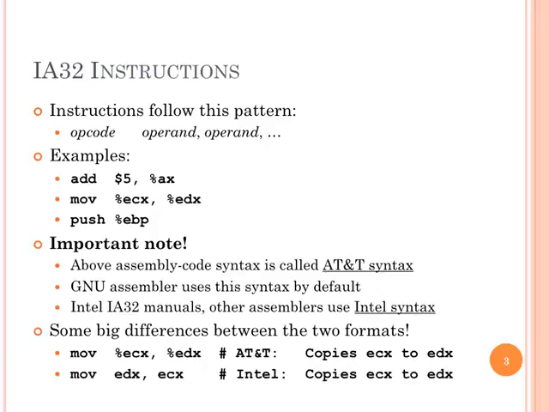Now, the difference between the two is that the Intel syntax and the AT&T syntax flip the order of the operands. And I find that this is almost universally better than the Intel syntax. I've always been frustrated that the destination is the first thing. I don't know why. That sort of morally offends me, or it offends my aesthetic sense.